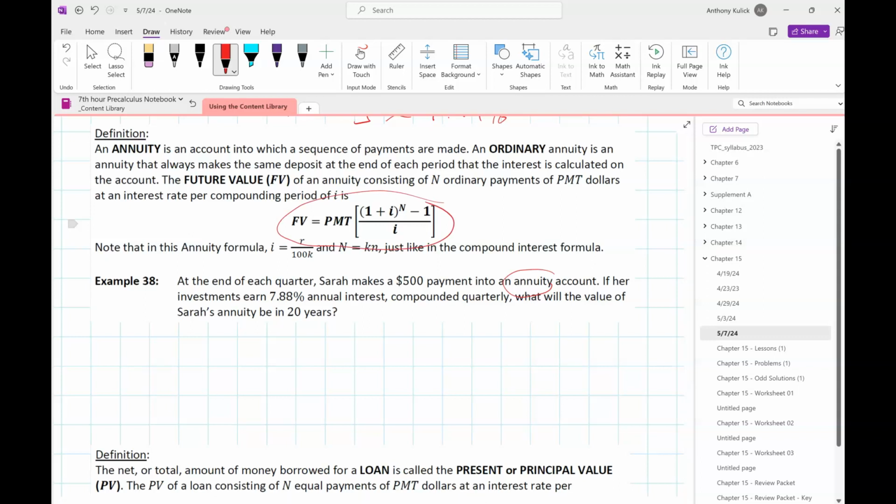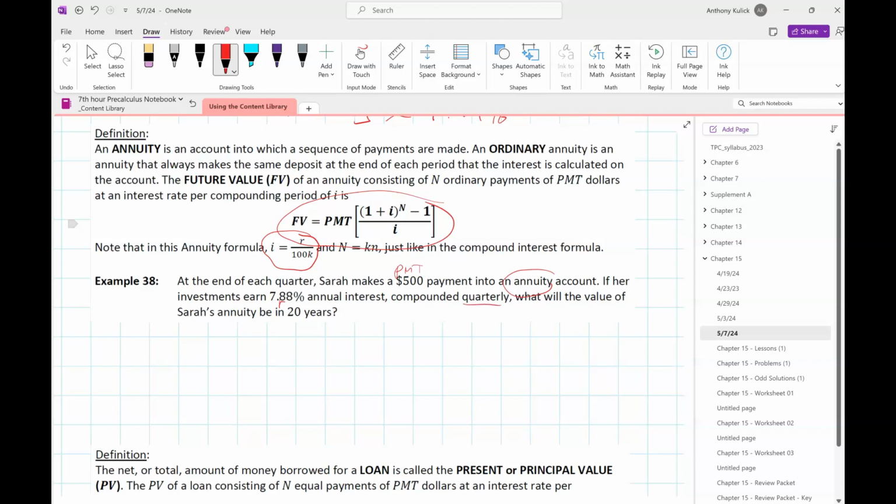$500 is what in the formula? Yep, that's the payment, PMT. 7.88% is R. Keep in mind that I is equal to R over K, so we'll have to calculate I separately.